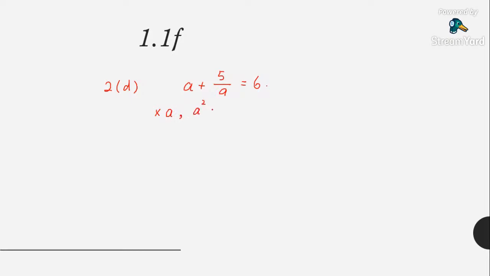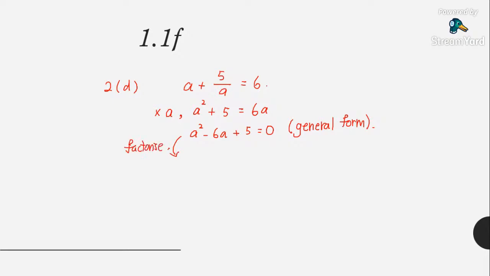So that is a squared plus 5 equals to 6a. So what you have here is a squared minus 6a plus 5 equals to 0. So you must make sure it is in general form first before you start factorizing. Okay, once you get this, now you can factorize.